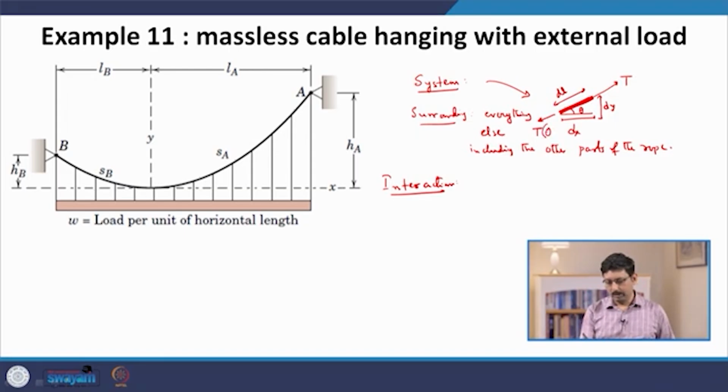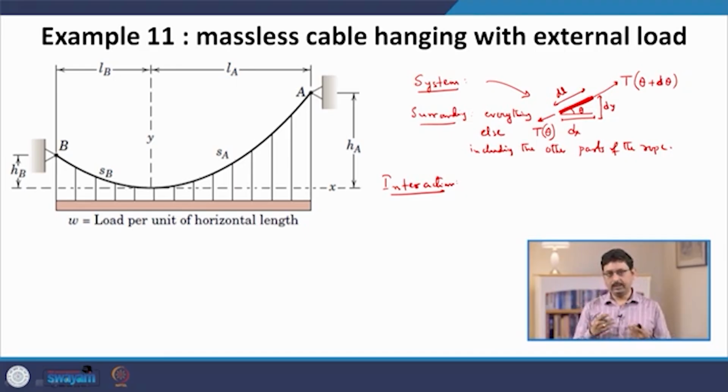So, let us call that force T at angle theta, and then at this end, the angle with the horizontal is no longer theta, but theta plus some delta theta or d theta. This is crucial. Now, why are they different?